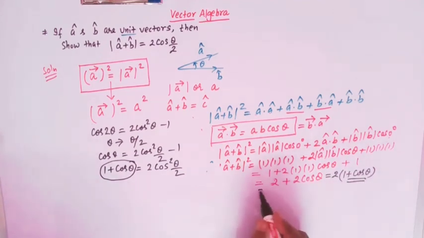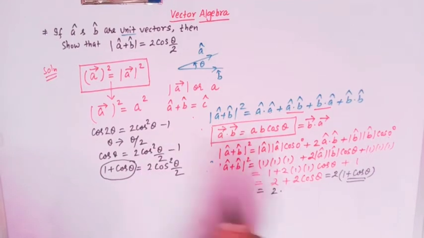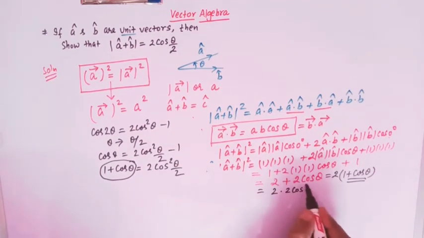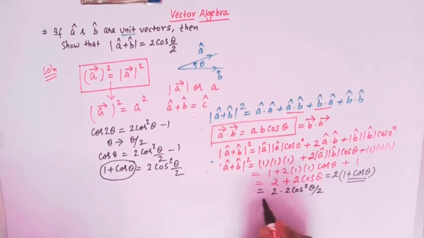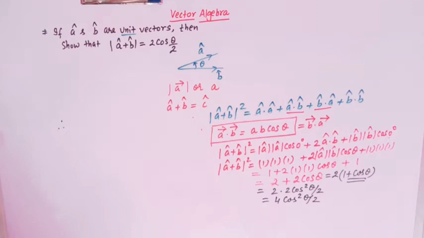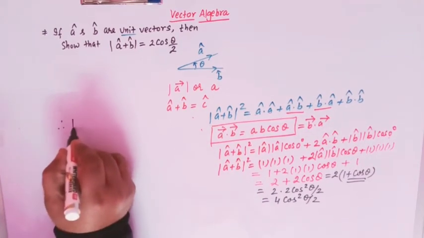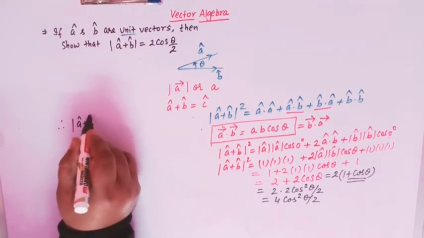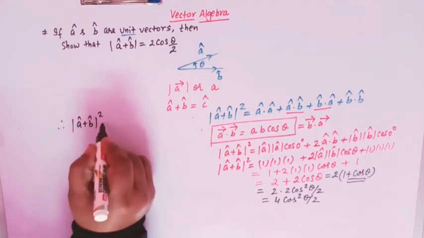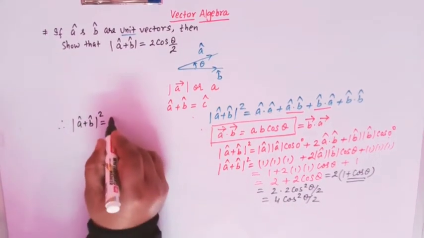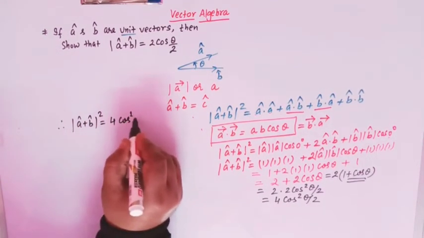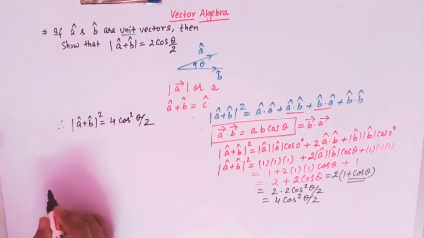So we can replace this term by 2 cos square theta over 2, and we get 4 times cos square theta over 2. So now viewers, we have the square of the magnitude of a cap plus b cap is equal to 4 times cos square theta over 2.